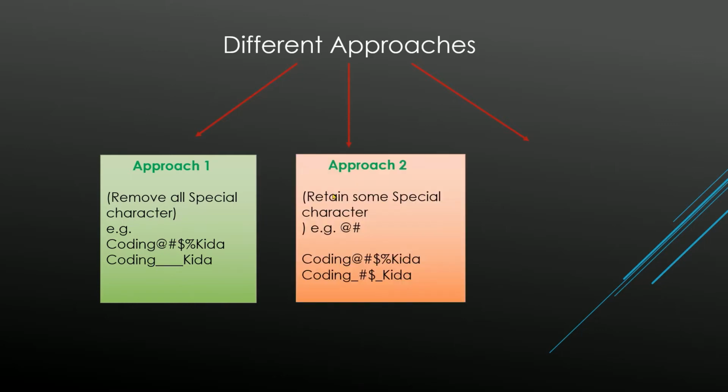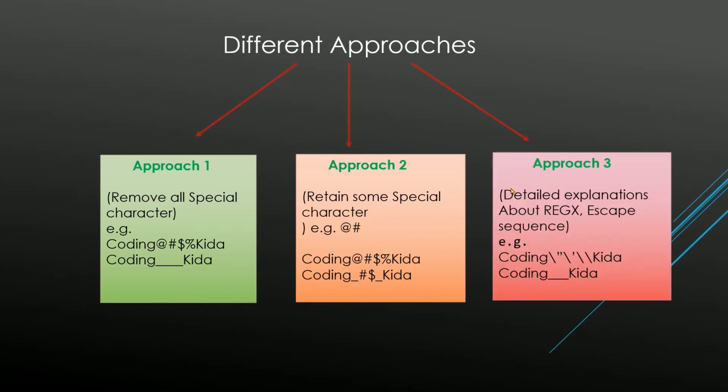And in the second approach, suppose we want to retain some special characters present inside this particular string. So we can retain that special character in this string. So this is the second approach. And the third approach is based on regex and escape sequences.